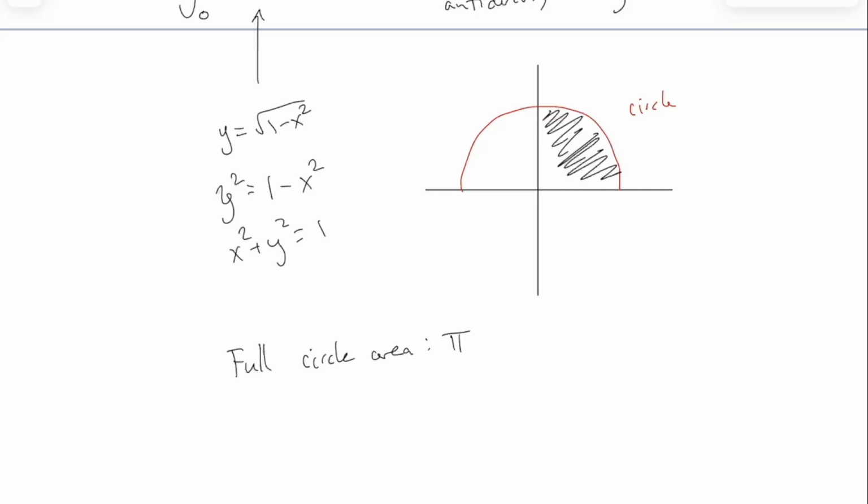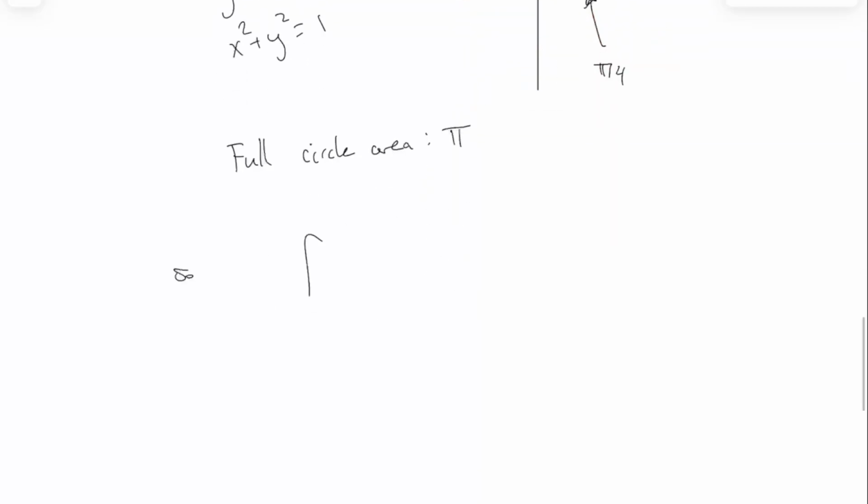And so that shaded region is pi over 4. All right? The full circle area is pi. That is 1/4 of that, so this is pi over 4. So the integral from 0 to 1 of the square root of 1 minus x squared dx is pi over 4. I don't know if you ever thought about examples like this. This is somehow kind of shocking to me just from the point of view of doing integrals.